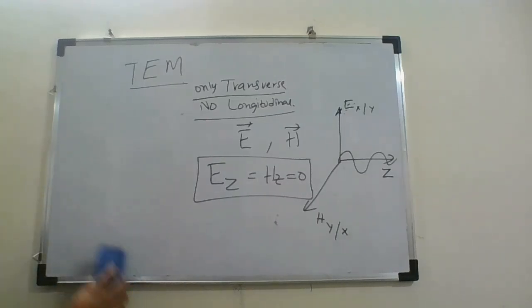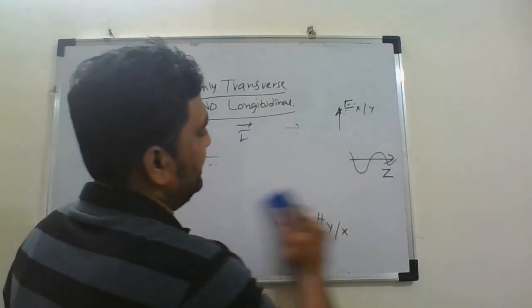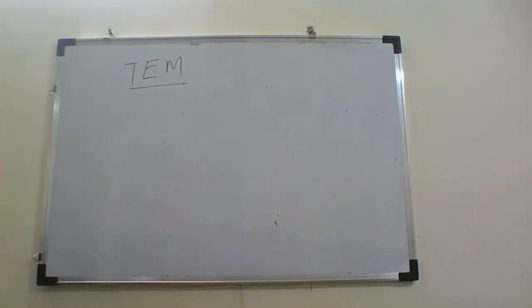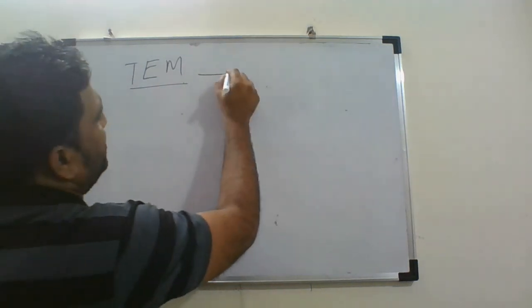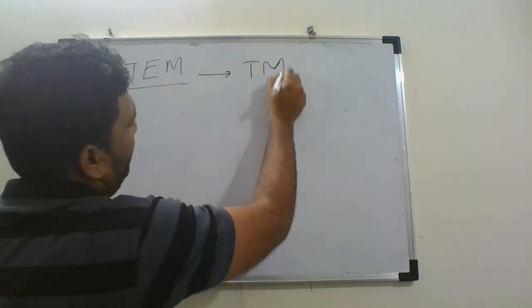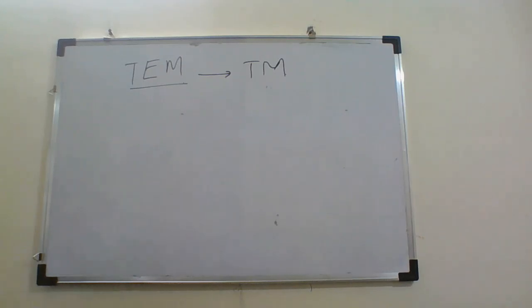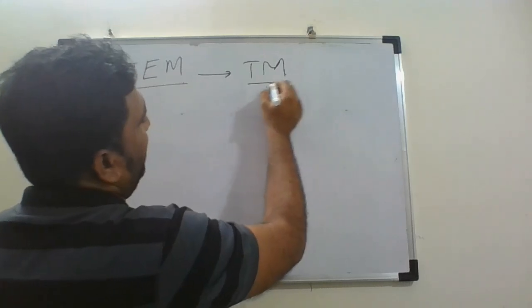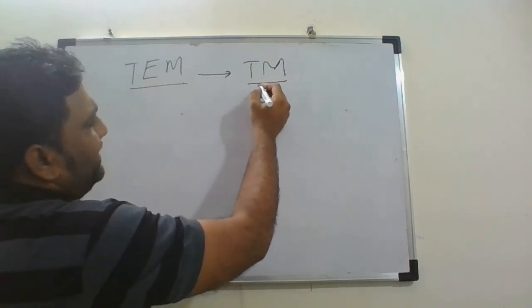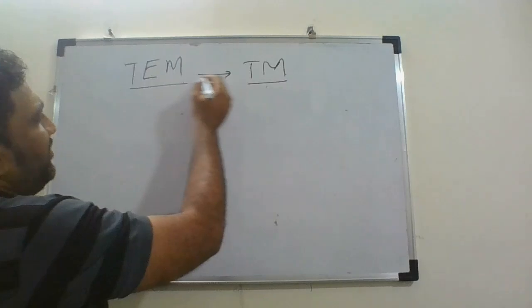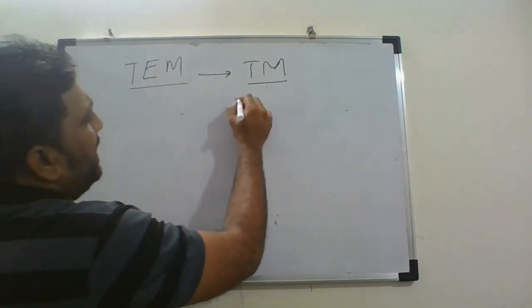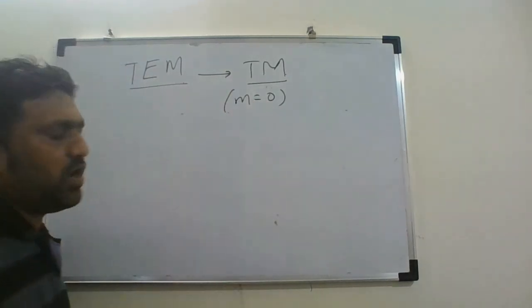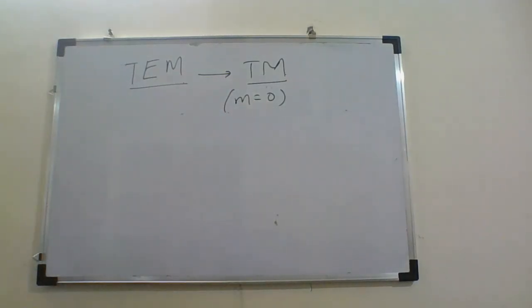Now, when do I get this TEM wave? Actually, this TEM wave is just a special case of transverse magnetic wave. We convert the transverse magnetic wave into TEM wave by making the order of the wave zero.